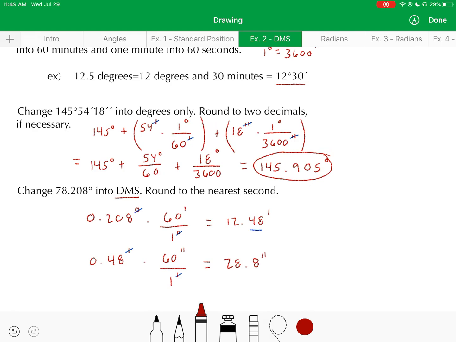And notice the directions round to the nearest second, so 29 seconds. Okay, so putting this all together, 78.208 degrees is equivalent to 78 degrees, 12 minutes, and 29 seconds. Okay.